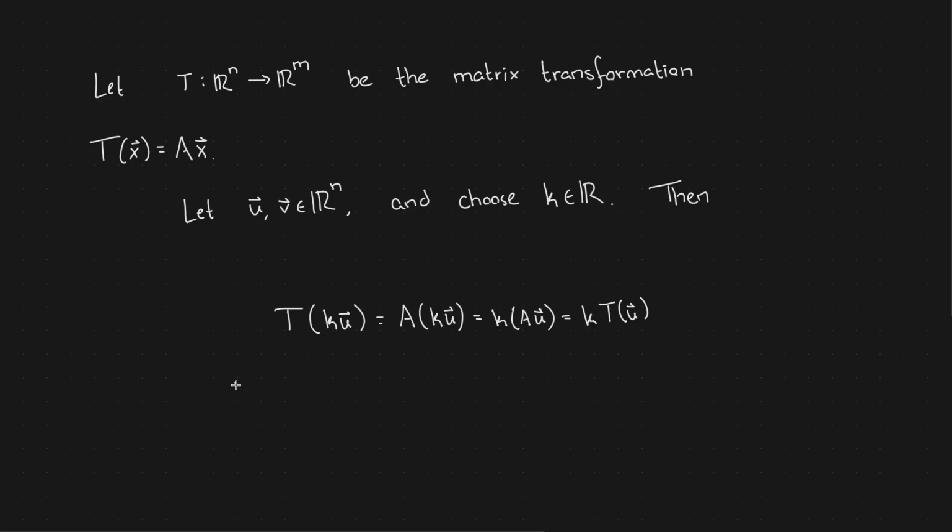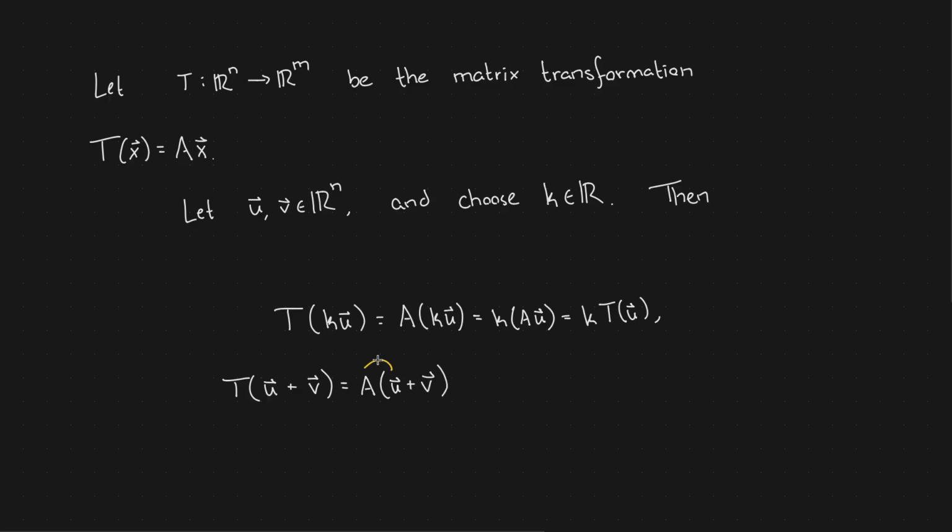And then one more observation here. So if I have T of u plus v, then that'd be A times the sum u plus v.